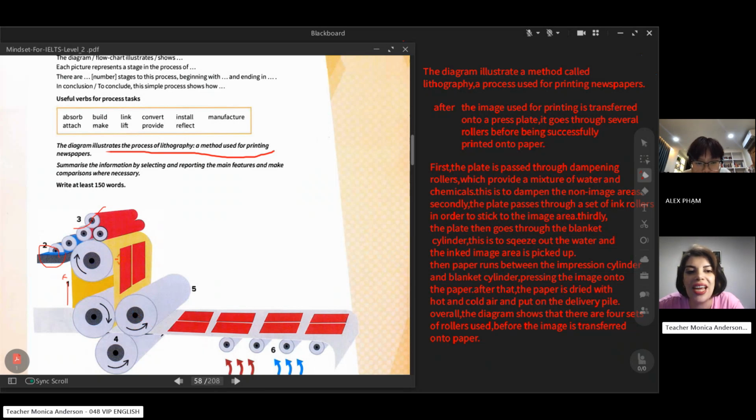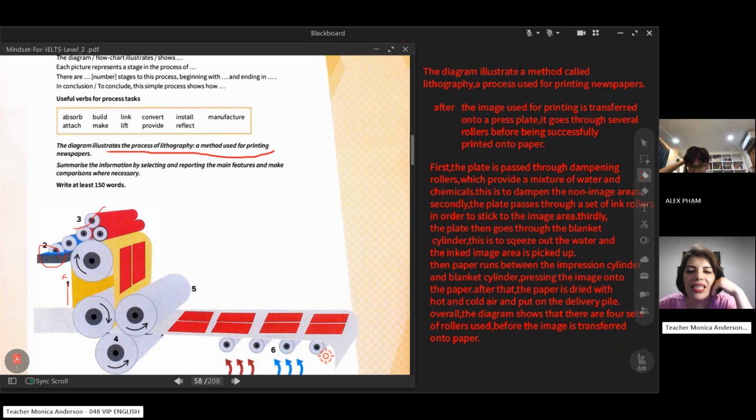And then paper runs between, as you can see here again, blanket cylinder, and what? Impression cylinder. Why? To press the image onto the paper. After that, as you can see, paper is dried with hot and cold air and put on the delivery pile.